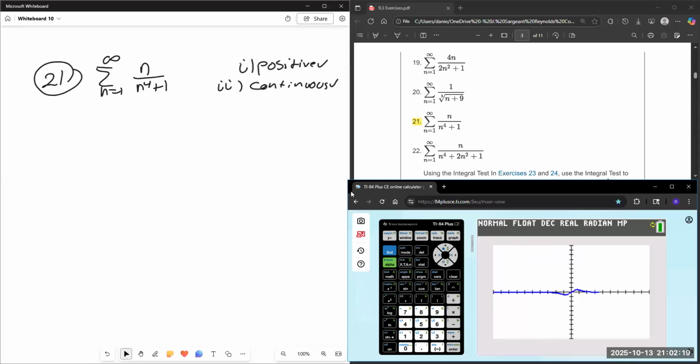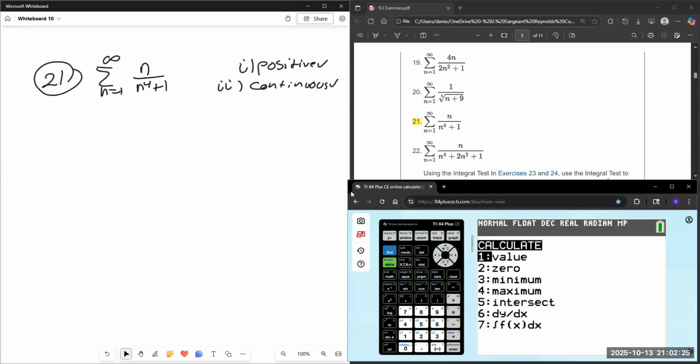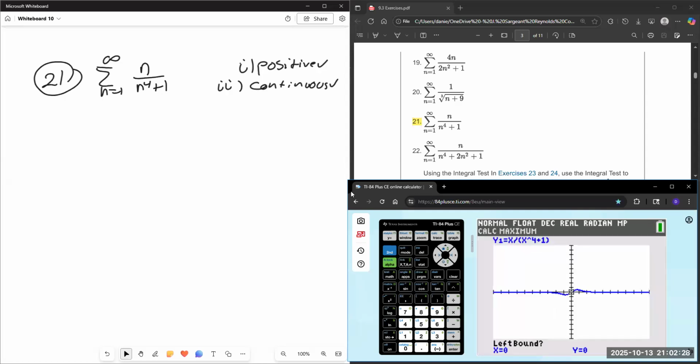Zoom 6. Sure looks like I have a maximum value there, right? So second calc, maximum, and so that's 0.75 something.